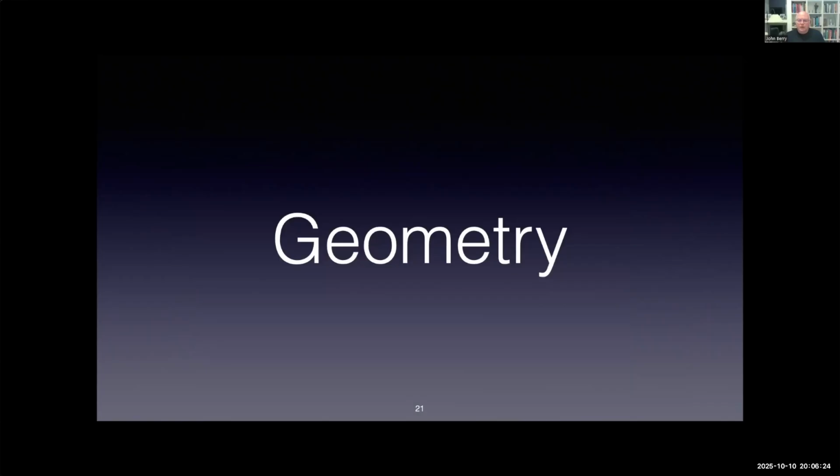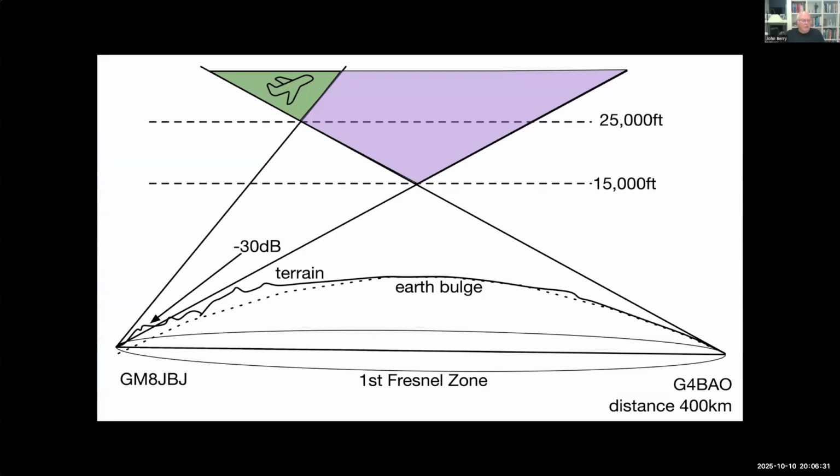So what about then ultimately the geometry of the whole affair? This is me, and I just put in a friend of mine down in Cambridge, 400 kilometers away. Here's the geometry. We've got exactly the same as we had in the path projection earlier on. And we can see here that in principle, if it wasn't for the Pennines, I could probably make use of aircraft inside the purple and green zones up at around 15 to 25,000 feet.